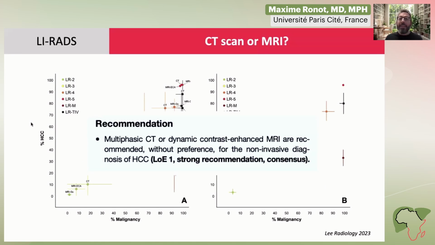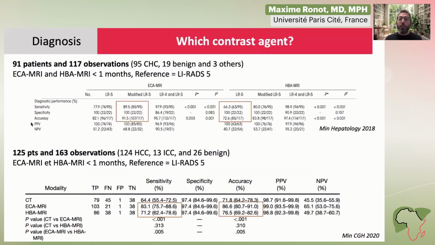Well, we now have many studies showing that when we want to do a non-invasive diagnosis of HCC, extracellular contrast agents are better than hepatobiliary ones for the non-invasive diagnosis. The sensitivity and specificity are a bit higher.